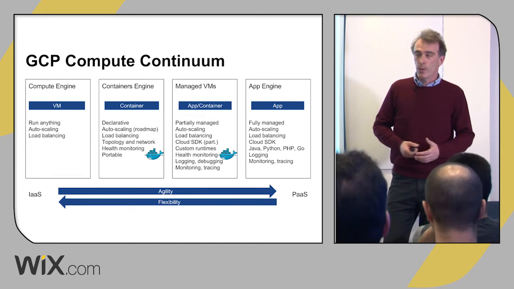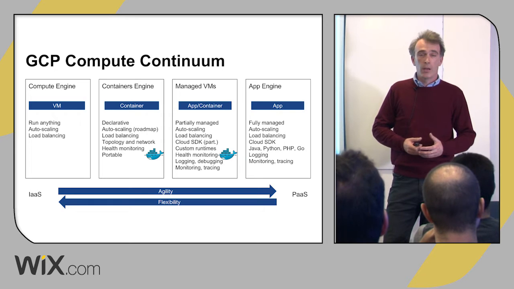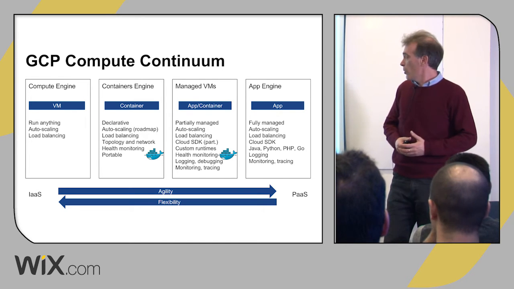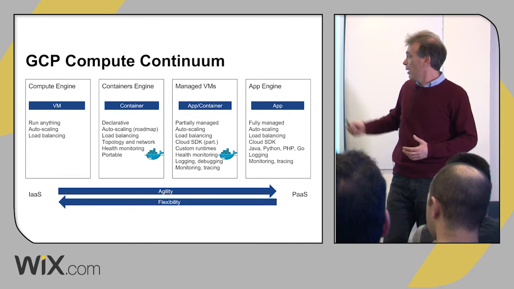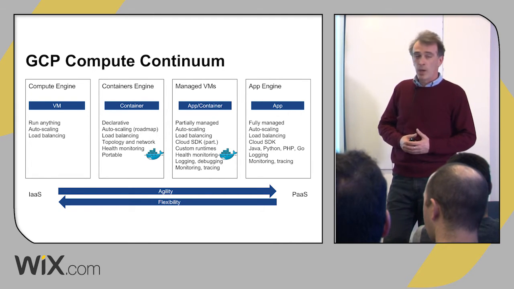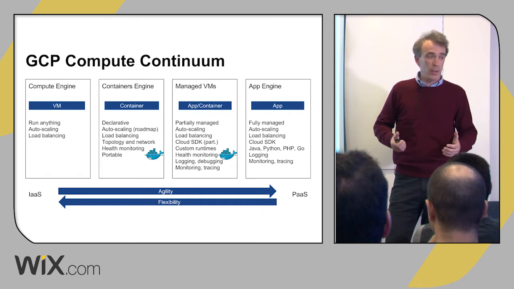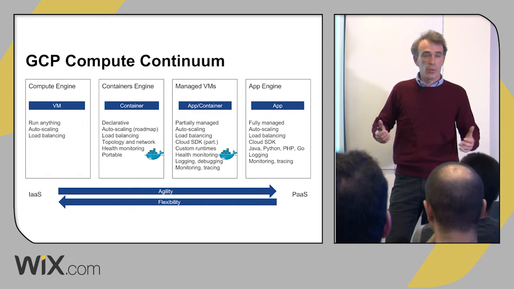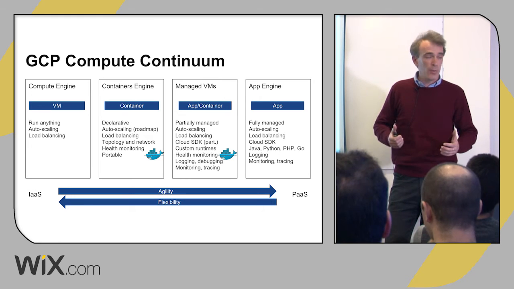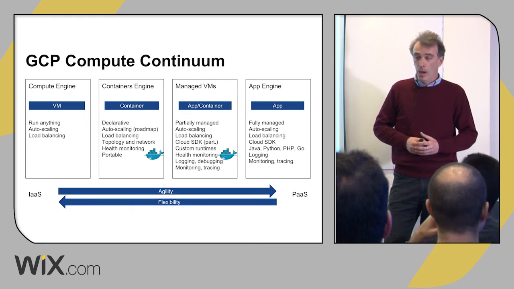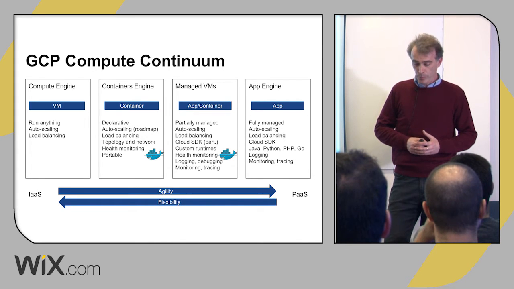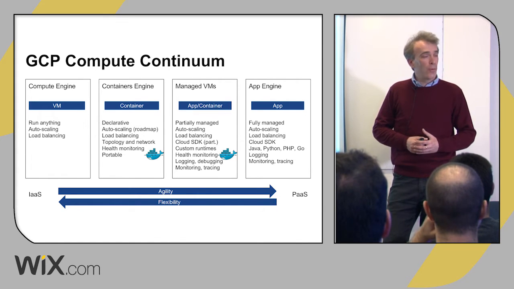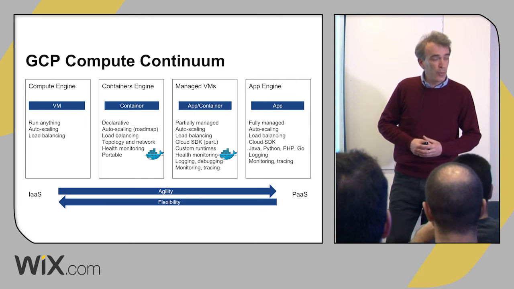We can choose other languages, but we cannot choose other platforms. For example, with App Engine, if you're talking about Java, it's based on the Jetty web server. If you want to use other web servers, we cannot. The application runs in an environment that doesn't provide full access to the operating system.